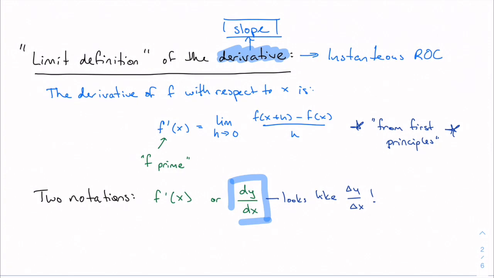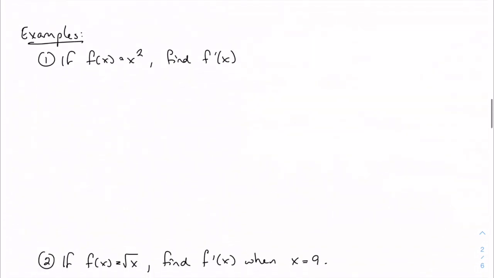So let's try a couple. If f of x equals x squared, find f prime of x. Find the derivative. Well, we don't know any tricks yet. We don't know any shortcuts yet, but we will soon. So for now, we're just going to apply the limit definition of the derivative.